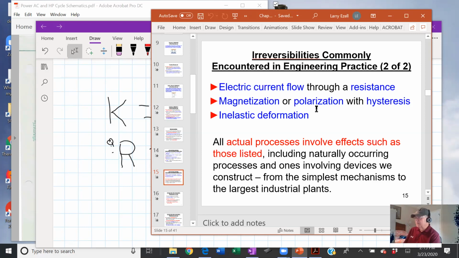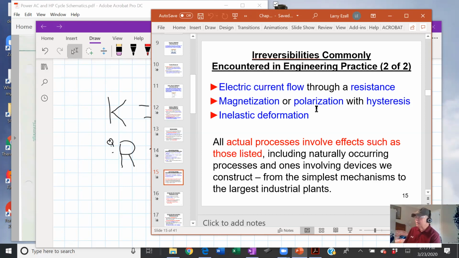That's an irreversibility. Inelastic deformation is an irreversibility. If I have a beam, say in a structure, and I load it and keep within the elastic limit, then I can load it and unload it, and load it and unload it, and it'll return to the same shape.